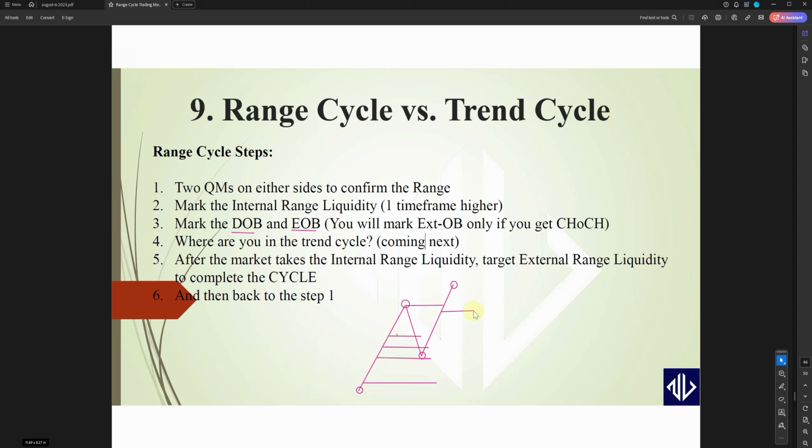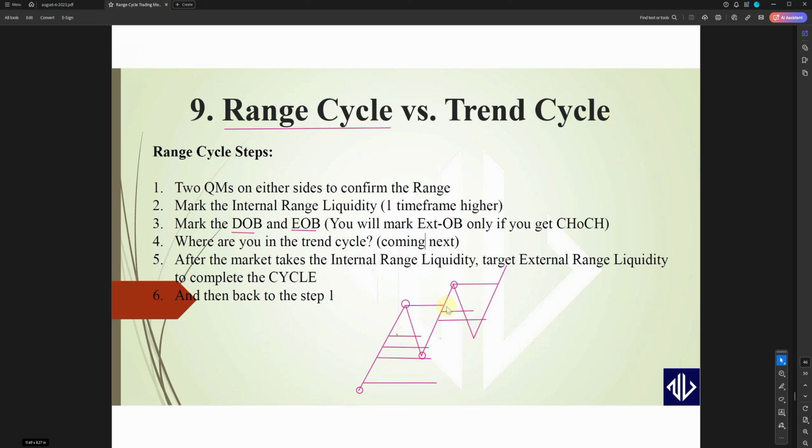Then we have the internal range liquidity, and then we have the point of interest, and we are looking for another breakup structure. So this whole thing between two QMs, internal range liquidity to external range liquidity, this whole cycle is called what? The range cycle.